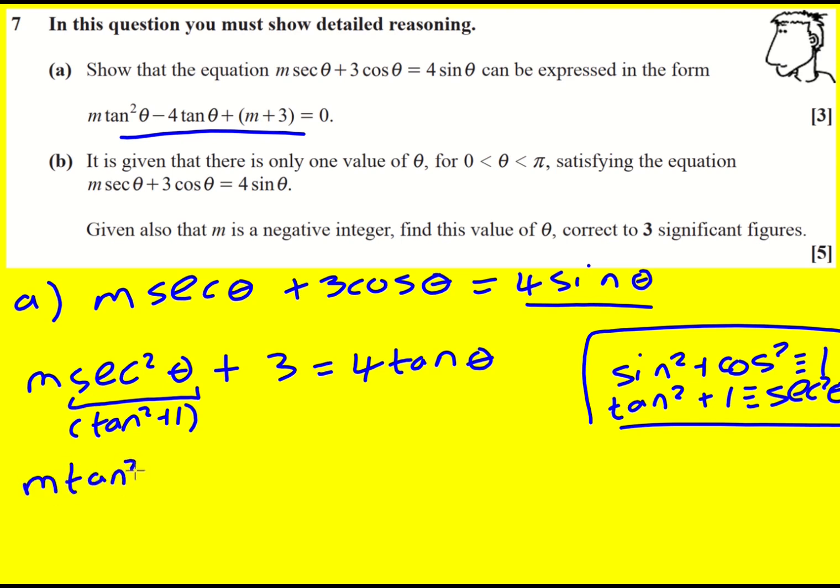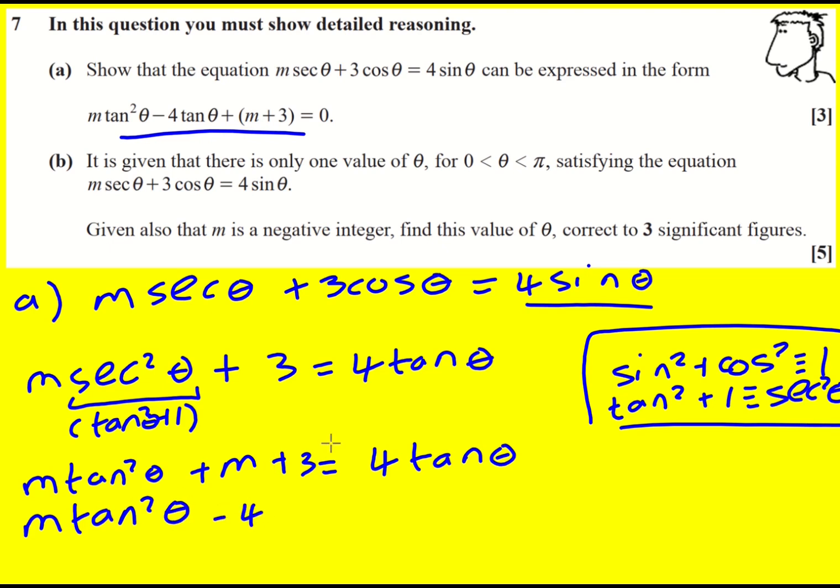m tan squared theta plus m plus 3 is going to equal 4 tan theta. So m tan squared theta minus 4 tan theta plus m plus 3 is equal to 0.